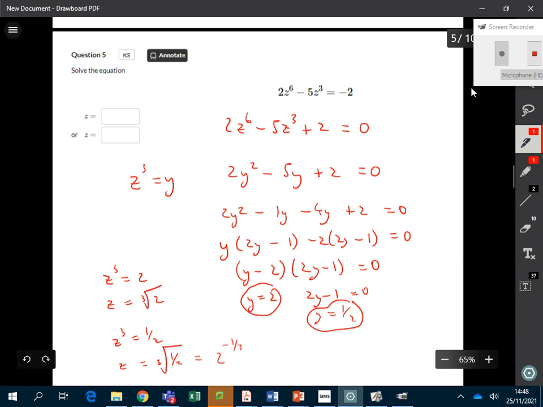Perhaps I should show a bit of simplification there actually. So that I could write as the cube root of 1 over the cube root of 2. That's just 1 over the cube root of 2, and hopefully you can see then why it's the same as that.